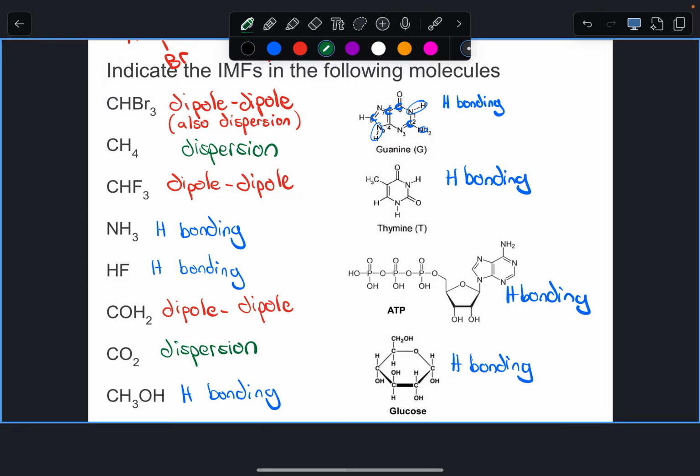A couple to notice: this one, even though it has hydrogen and fluorine in it, they're not bonded to each other. So the hydrogen would be bonded to the carbon, and the fluorines would be bonded to the carbon as well. If that's going to trip you up, then just draw the Lewis structure. Same thing with this one here.